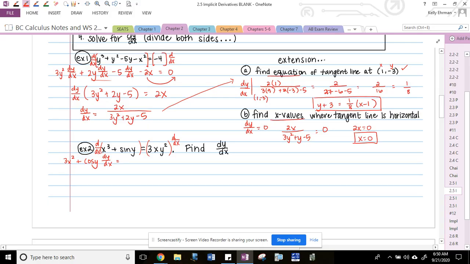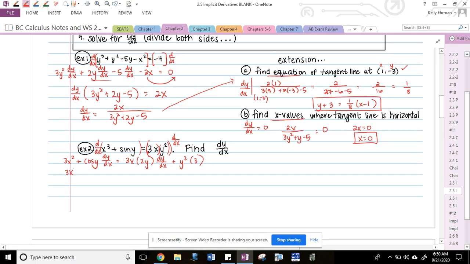So you could do this 2 ways. Keep the 3 out and distribute it through your product rule at the end, or I just like to lump it together. 3x is my first function and y squared is my second function. I think that's easier. So 3x times 2y dy/dx plus the second function times derivative of the first.